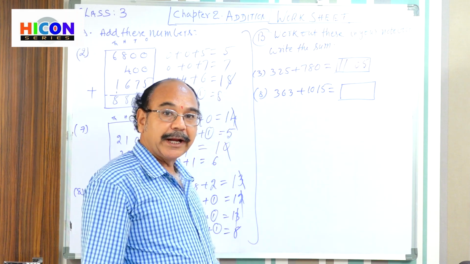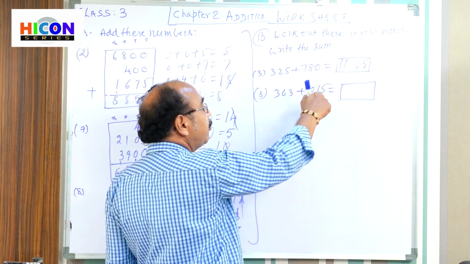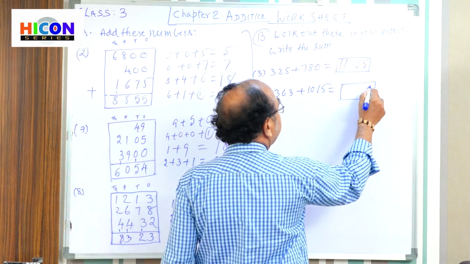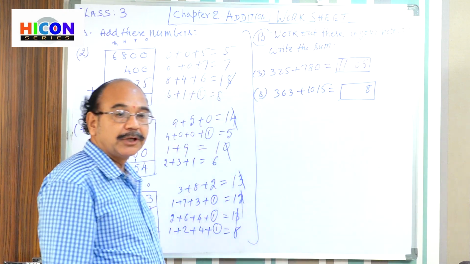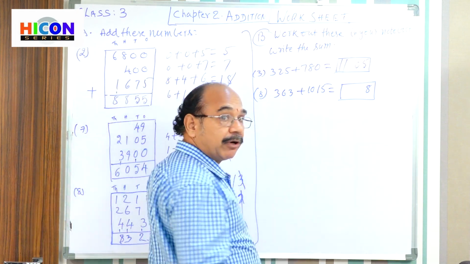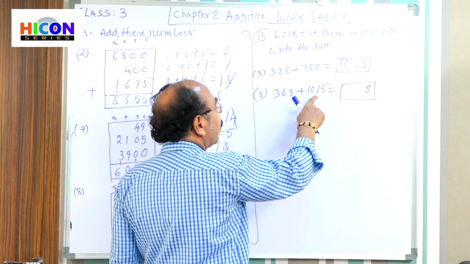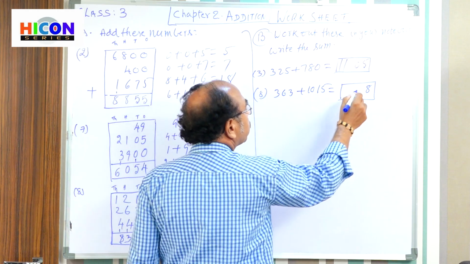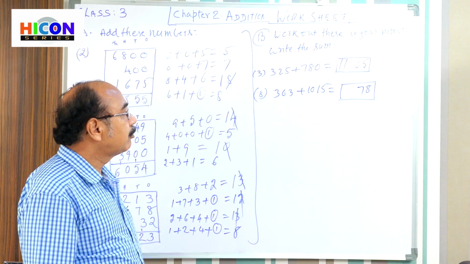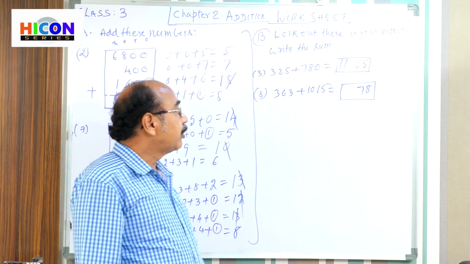Now, first of all, you add the units place digits. What are the digits in the units place, 3 and 5? 3 plus 5 is how much here? 8. So, write 8 in the ones place. Now, take the digits in the tens place. Here 1, here 6. 1 plus 6 is how much? 6 plus 1, 7. 7 you write in the tens place. Now, you take the digits of hundreds place.